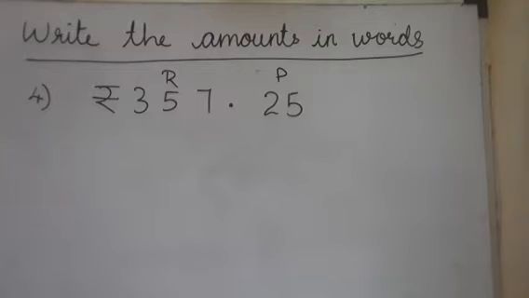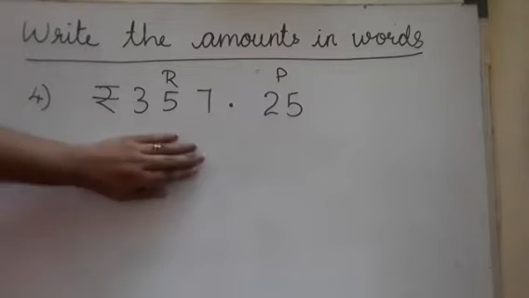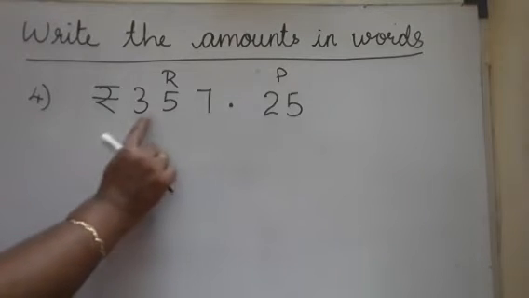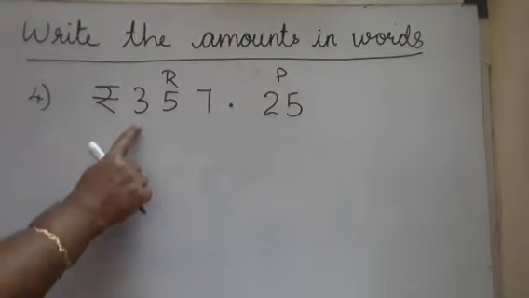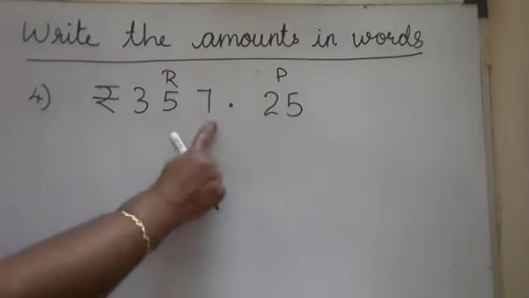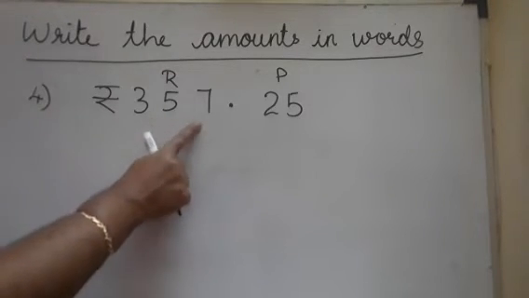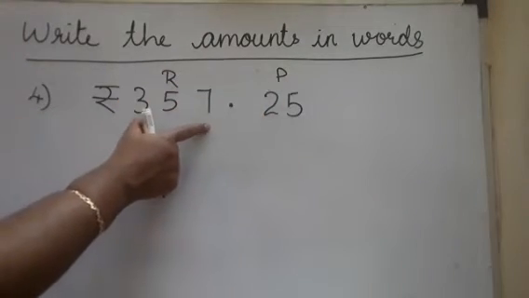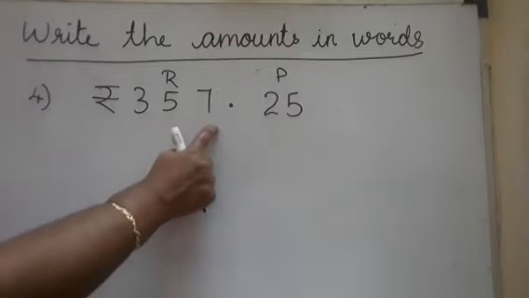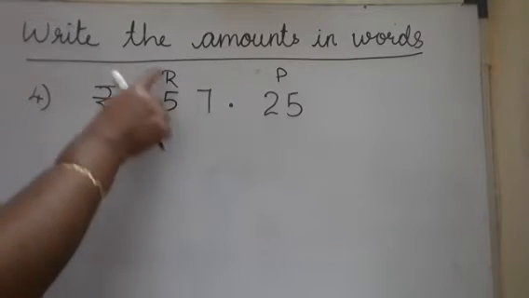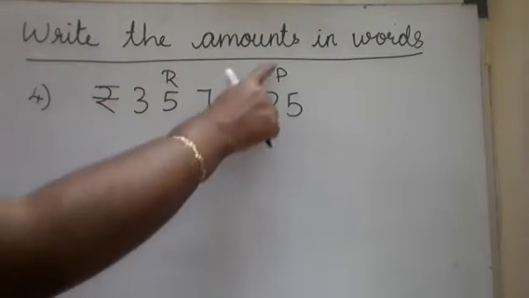Then, dear kids, can you tell me what this amount is? Look at this. It is a 3-digit number. So we can say it as 357 rupees and 25 paise. We can read these 3 digits together.